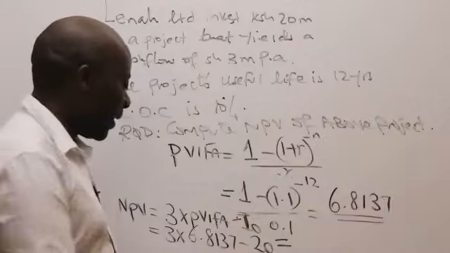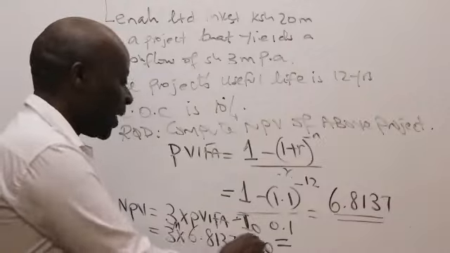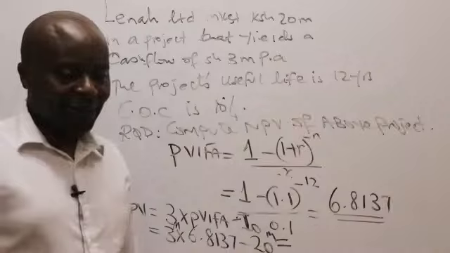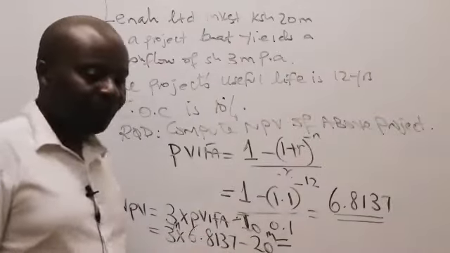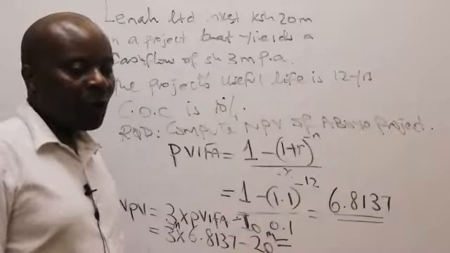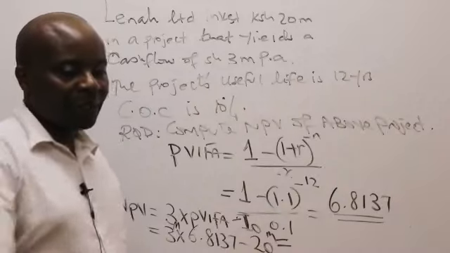So what the brother has done, he has millions there and millions there, right? So it's 3 million times this minus 20 million. If you decided to do away with the millions, then you should be getting 0 point something.